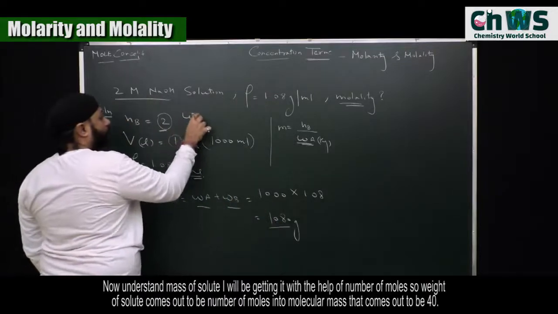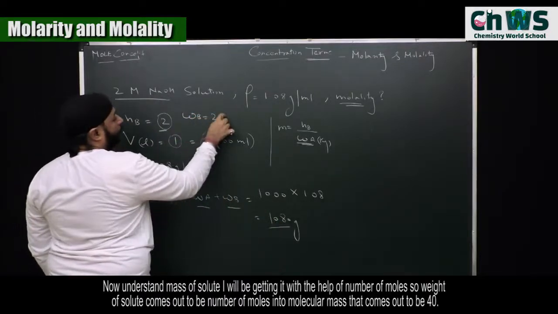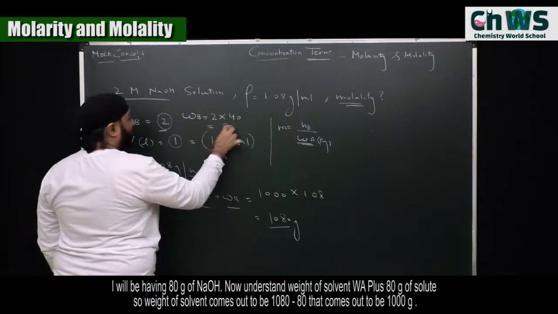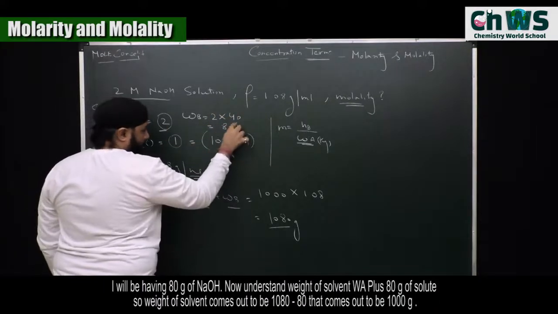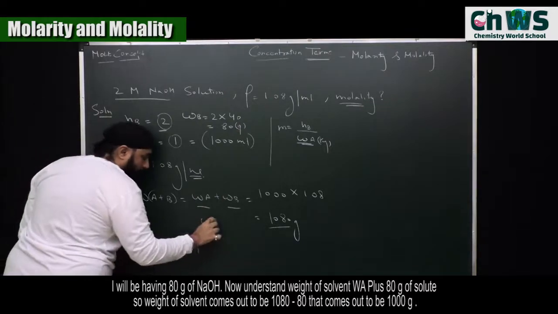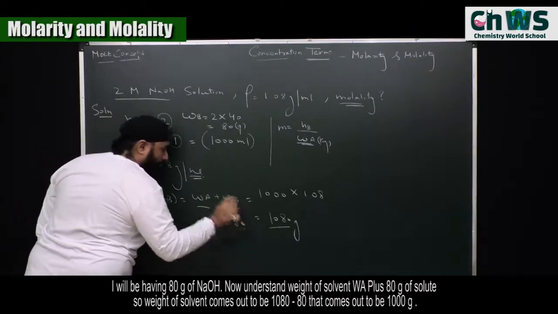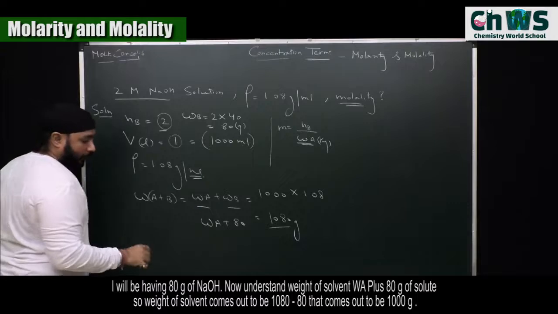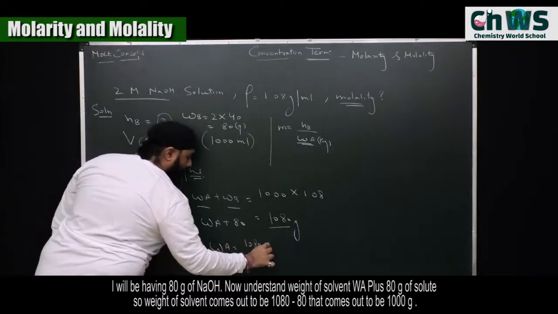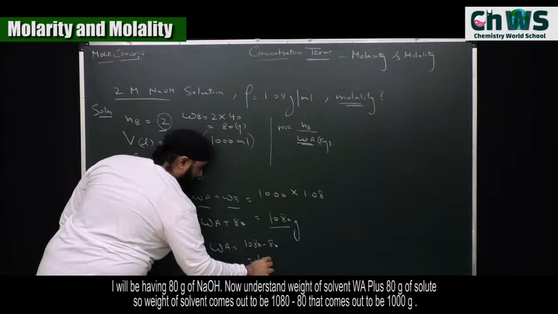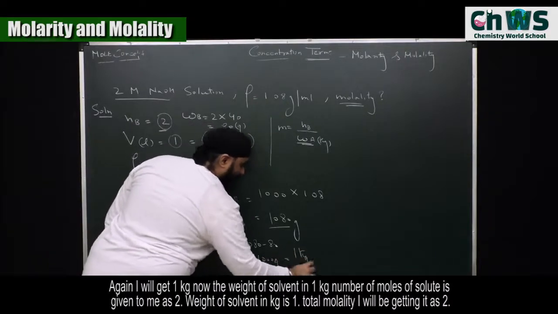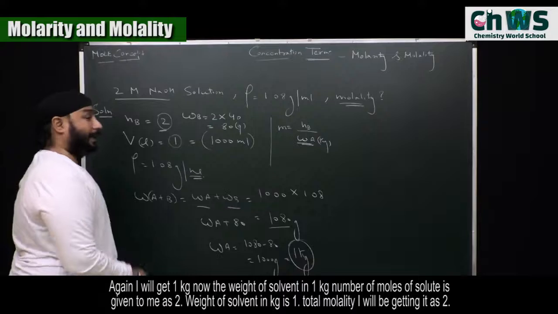So weight of solute comes out to be number of moles into molecular weight, that is 40. So I will have 80 grams of NaOH. Now understand, weight of solvent WA plus 80 grams of solute. So weight of solvent comes out to be 1080 minus 80, that is 1000 grams. Again, I will get 1 kg. So I got the weight of solvent as 1 kg.